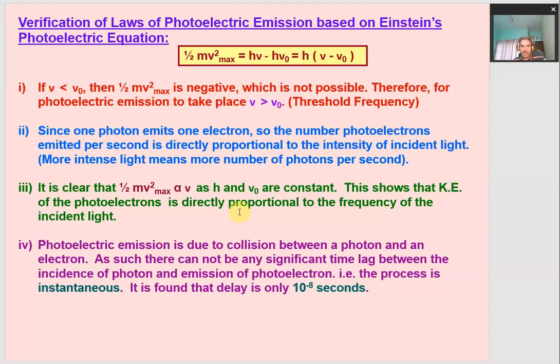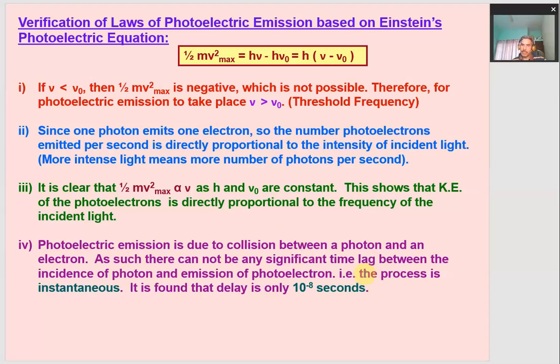And the last point is that photoelectric emission is due to the collision between a photon and an electron. As such, there cannot be any significant time lag, because it is just a collision between a photon and an electron. The photon is taken as a particle according to Einstein's particle theory of light. So there can be no time lag between the incidence of the photon and the emission of photoelectrons.